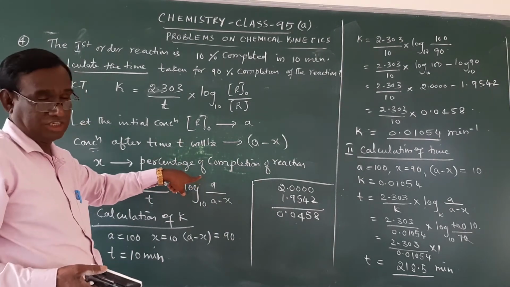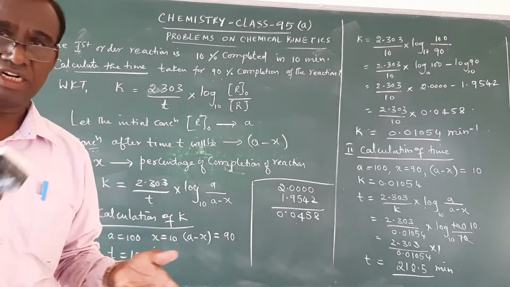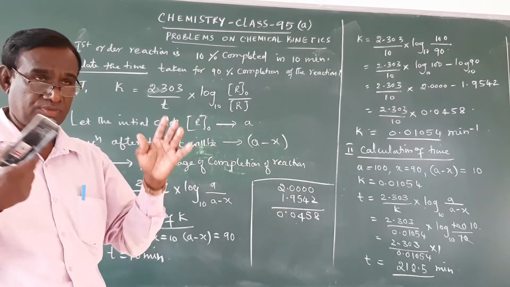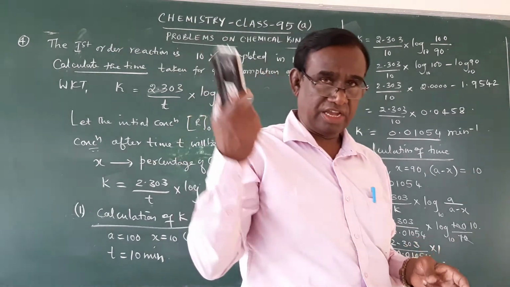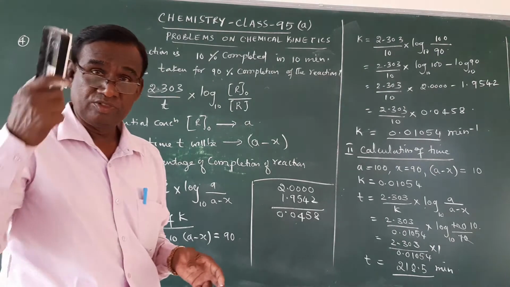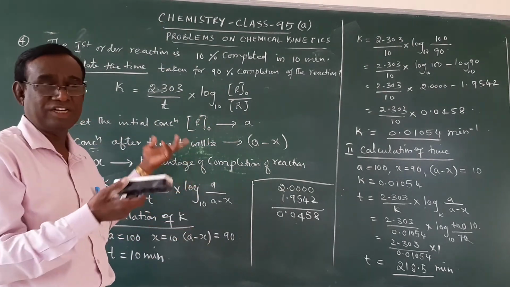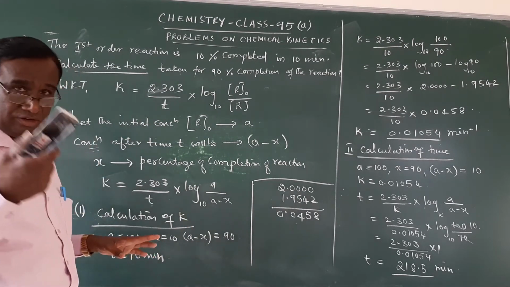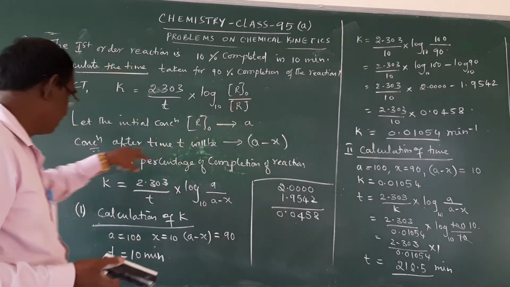But 50% means it is half completed, therefore you have to take t half is equal to 0.693 divided by k. After 50%, for 60, 70, 80, 85, 90, 99.5, 99.99, you have to take x. 100% means it is A. That is percentage of completion of the reaction is called x.